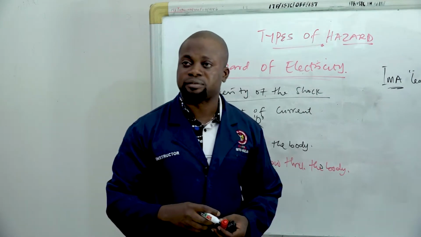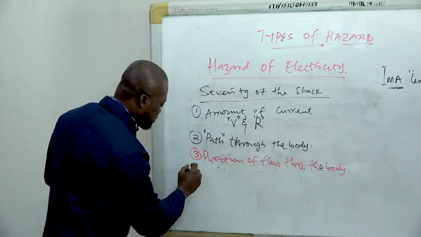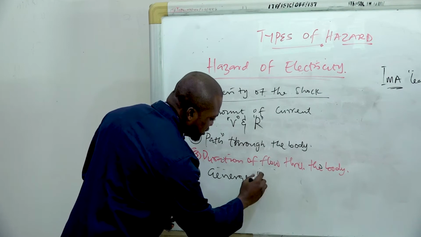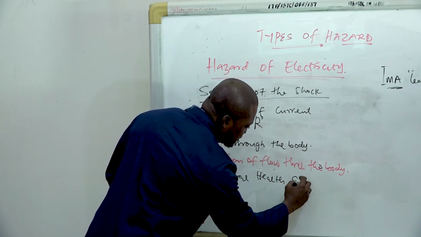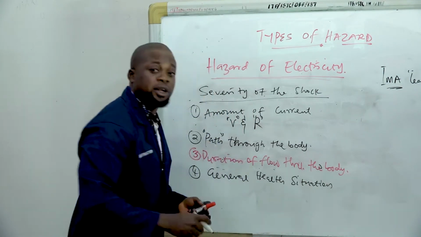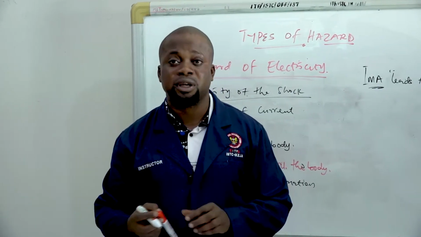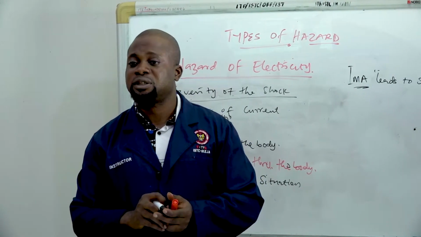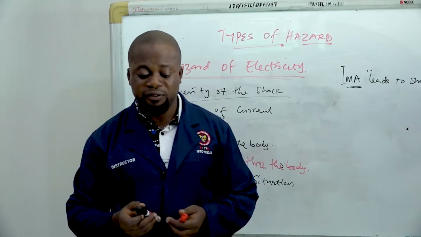Then we looked at other factors such as general health situation, because not too many of us are okay. Somebody that is hypertensive, once you make contact, it will affect more.